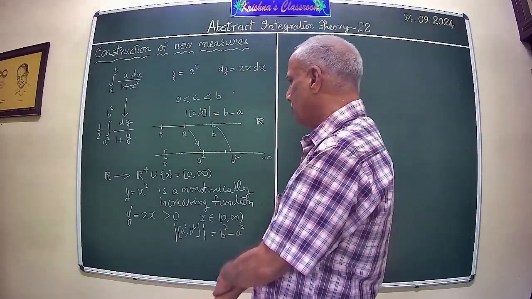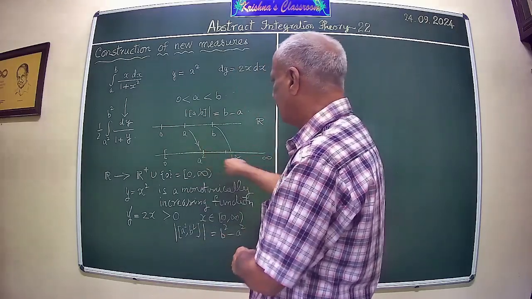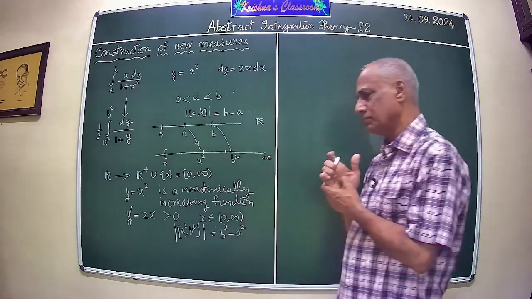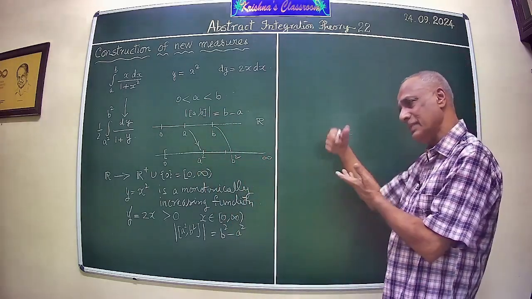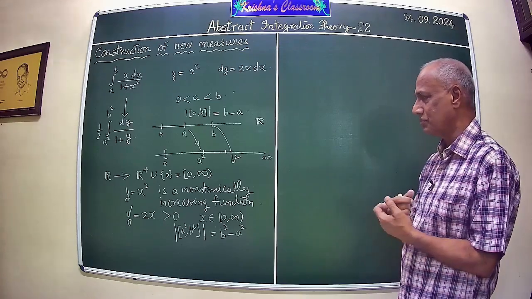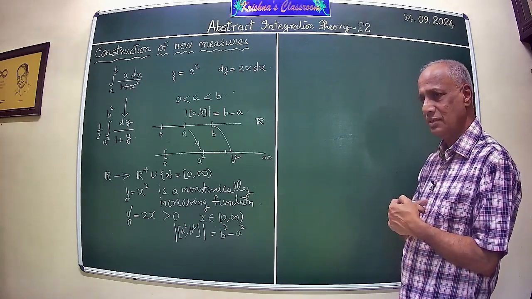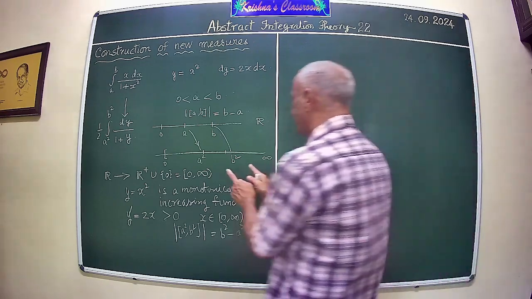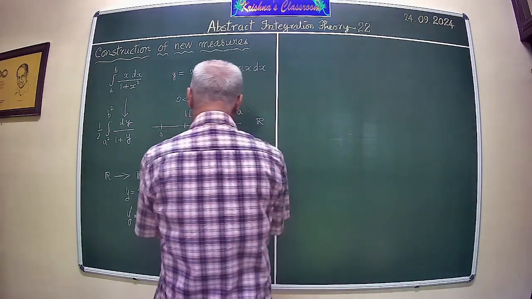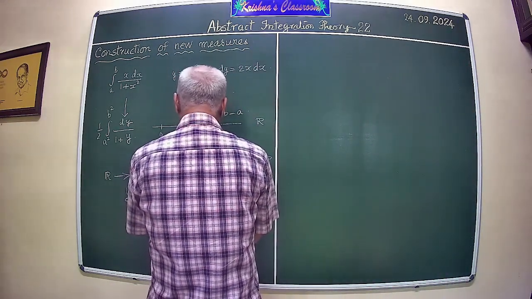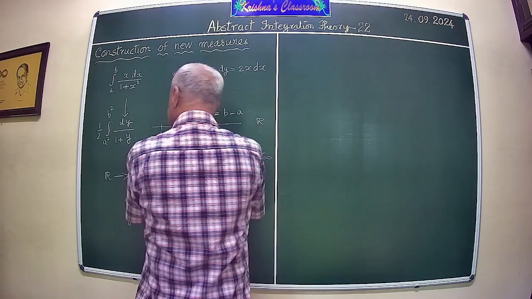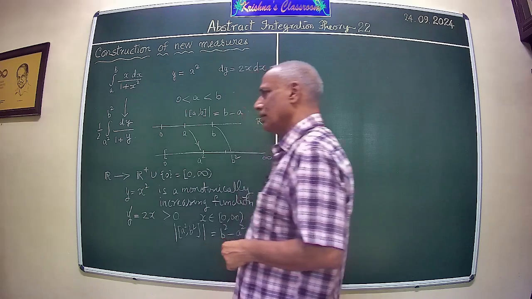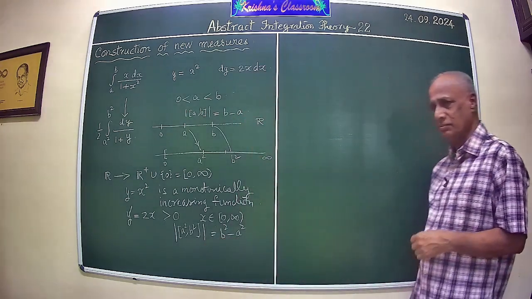But now the length of the corresponding interval here is something different. Or we have changed the measure altogether. See, b square minus a square can be looked upon as a new length that you attribute to the interval AB. It just happened through this transformation.